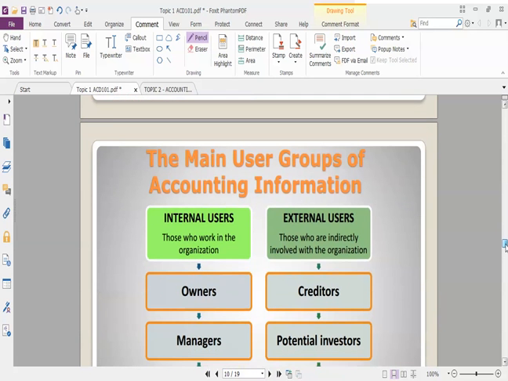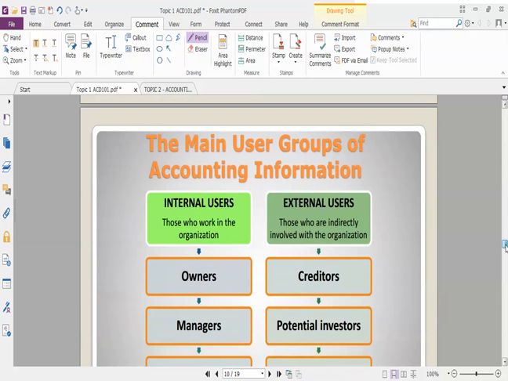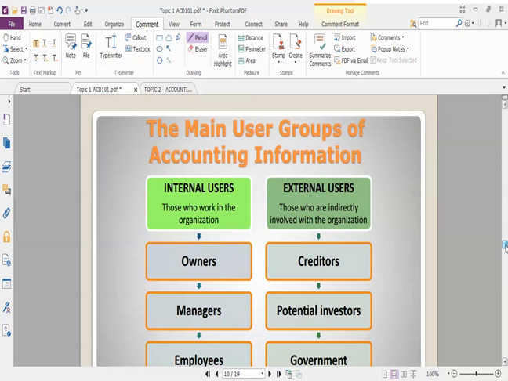So let's look at the main user groups of accounting information. We have two types of user, the persons or parties that look at the accounting itself. The first one is the internal user, the person who works in the organization.